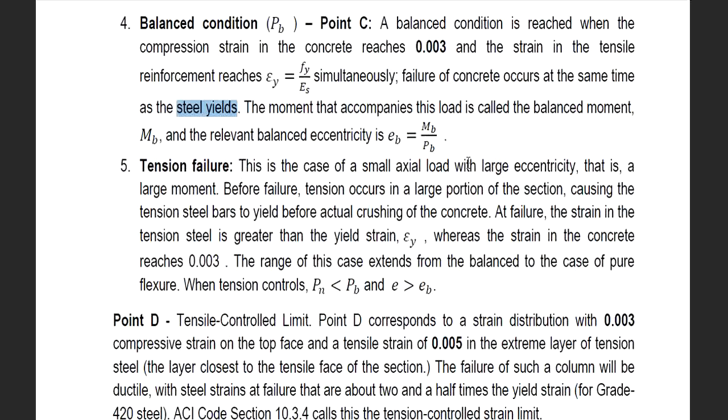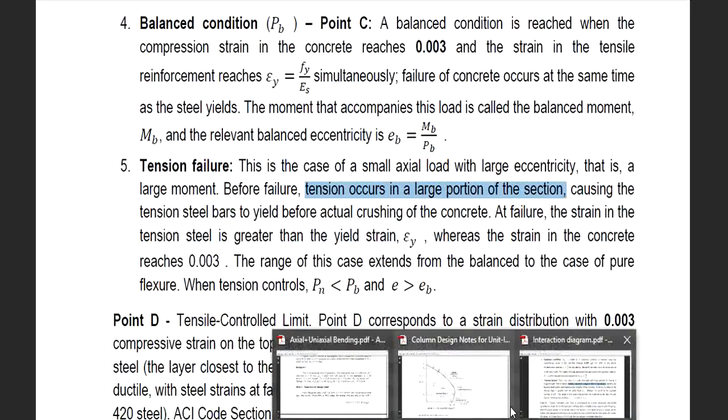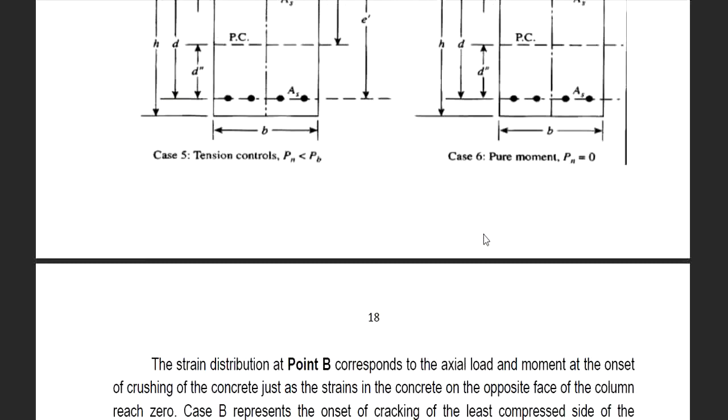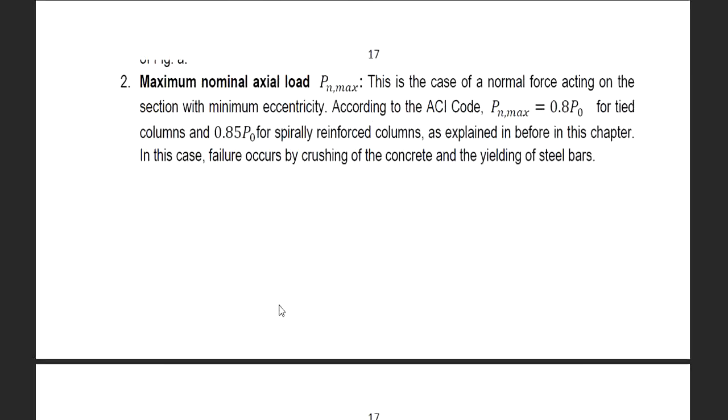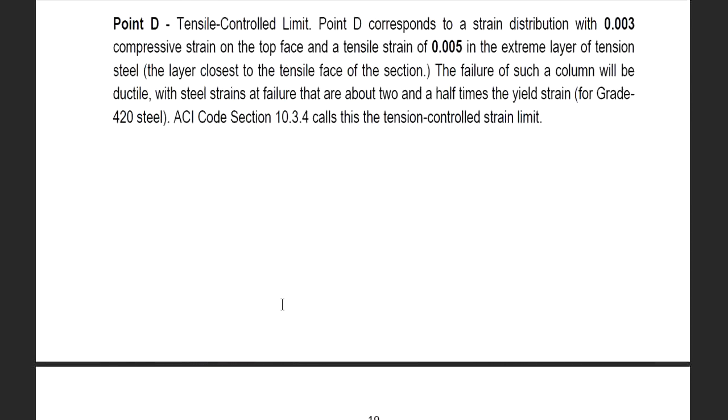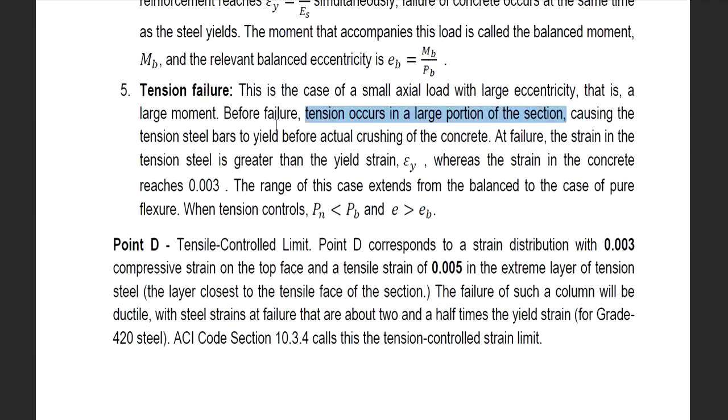In this case small axial load is there with large eccentricity. This is going to cause the large moment. So before failure, tension occurs in large portion of the section. So the tension portion is going to increase after this point C. Okay, so large tension is going to occur, and failure is going to occur due to tension.